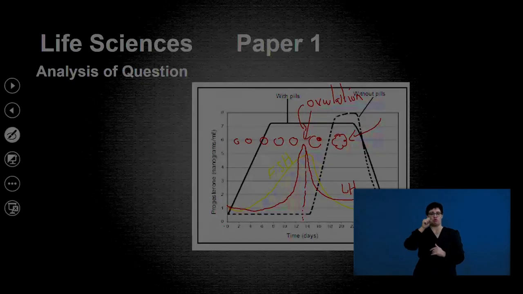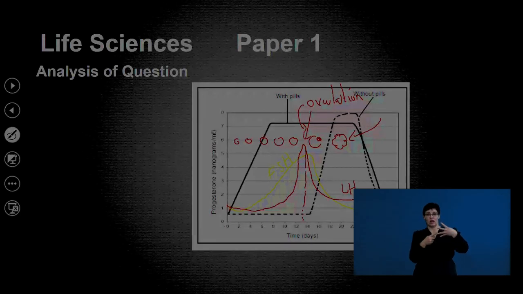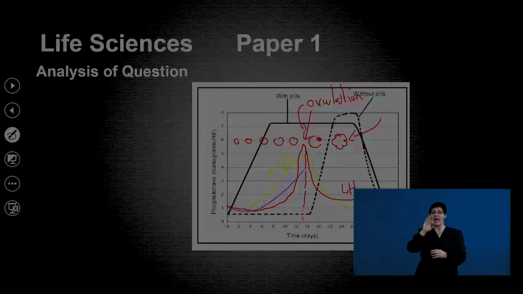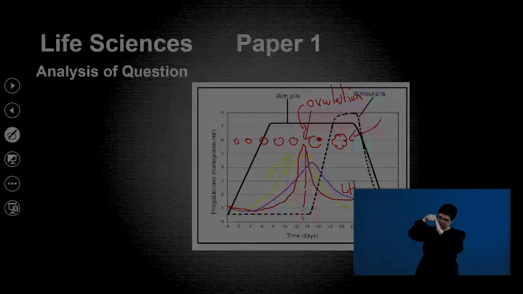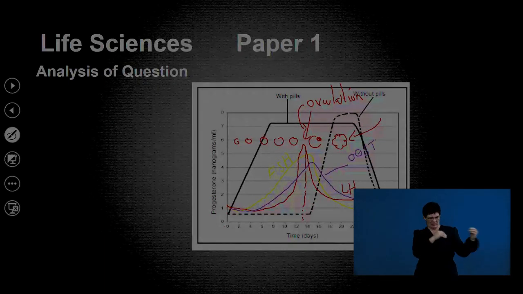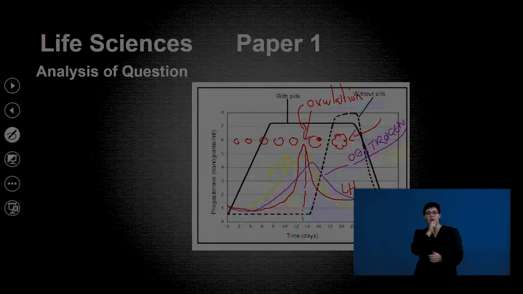The other two hormones that we need to look at are the levels of estrogen, which we see very similar to FSH levels increasing and then decreases after day 14, and that's estrogen. I know it's getting busy, but these graphs are often busy because they contain lots of information, and using color to annotate this does help.